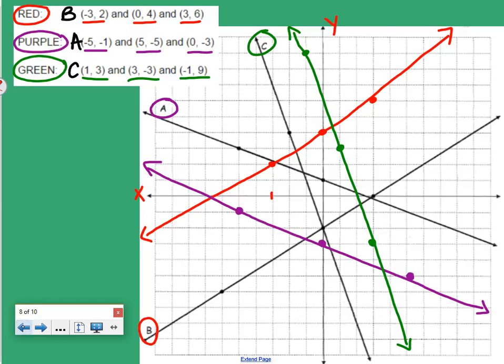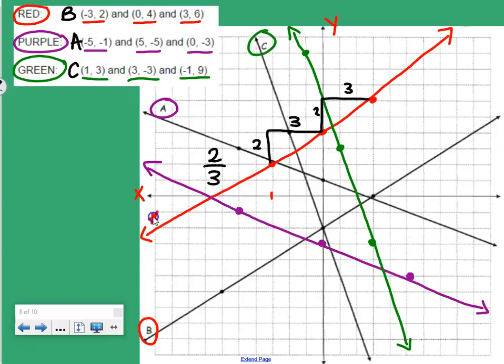So if we go to our picture, here's our red line right here. We want rise over run. So if we rise over run from each point, our rise is 2. Run is 3. Here it's the same thing. Rise 2, run 3.